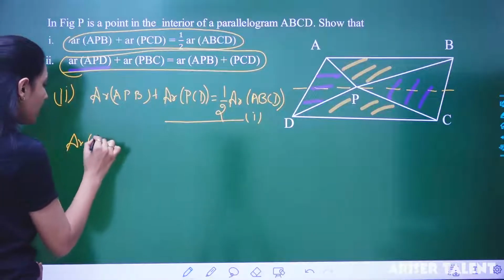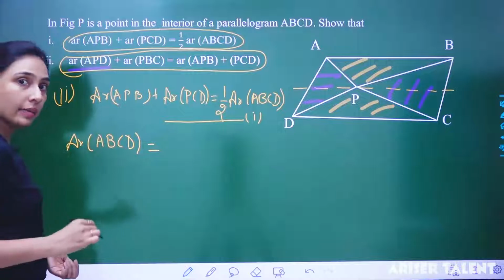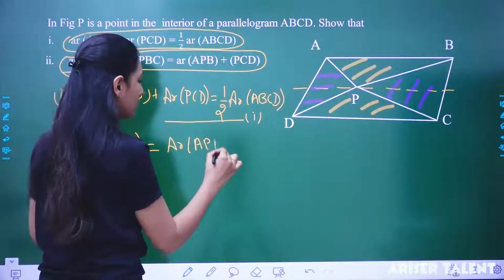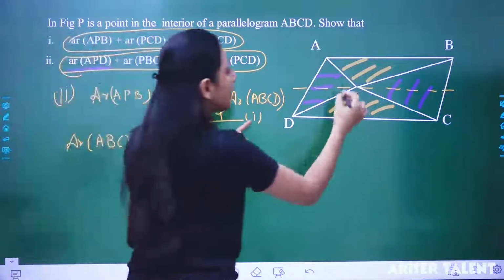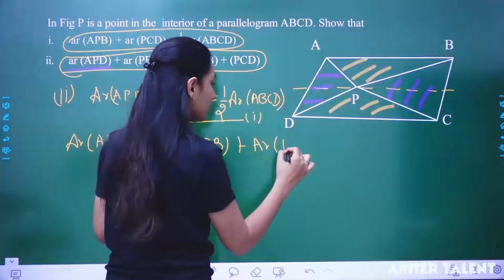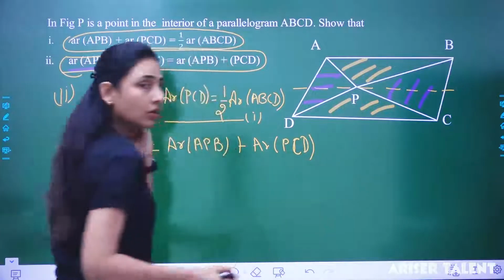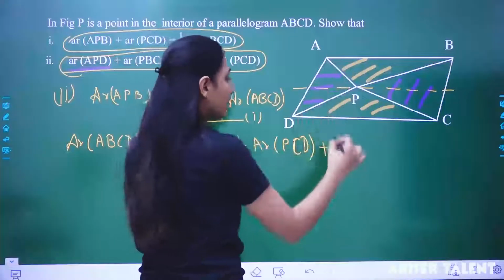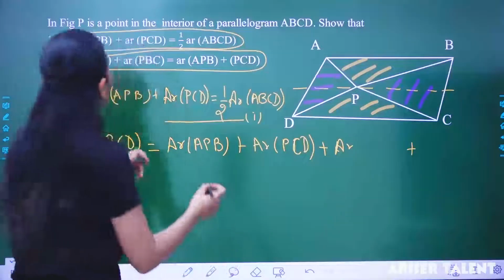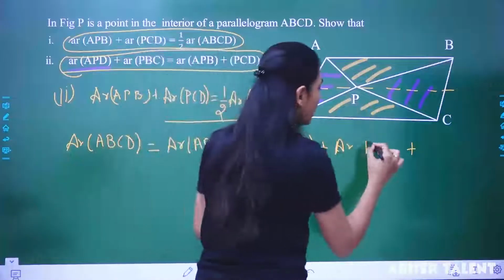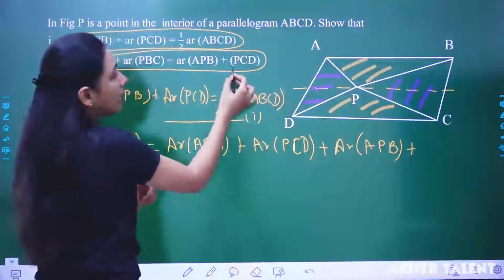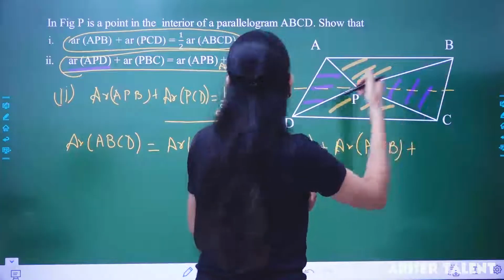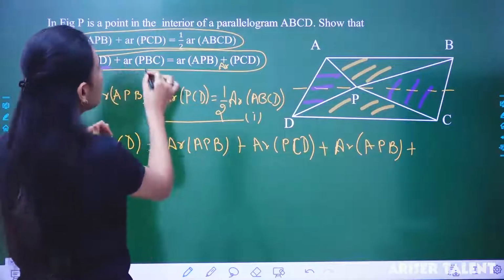So, area ABCD is nothing but this area APB plus area PCD, these two, plus this area APD, and area PBC.